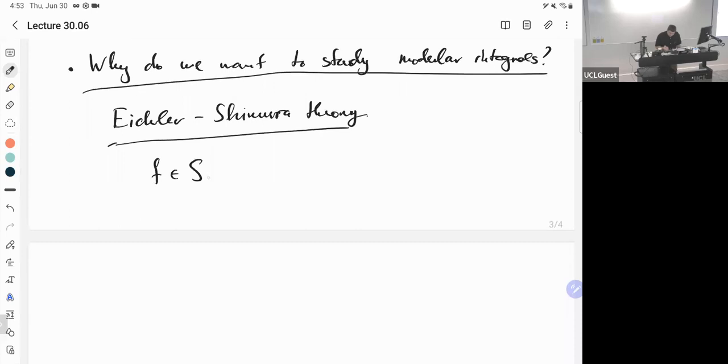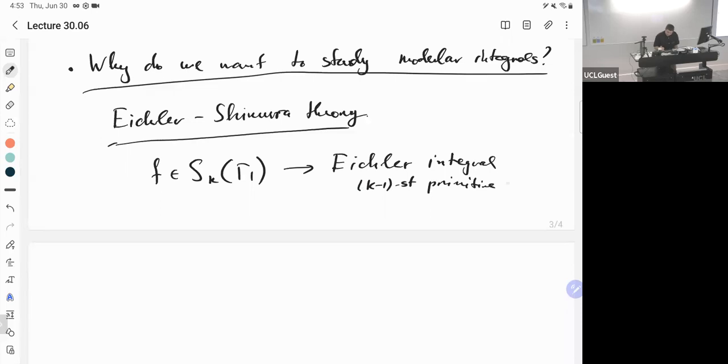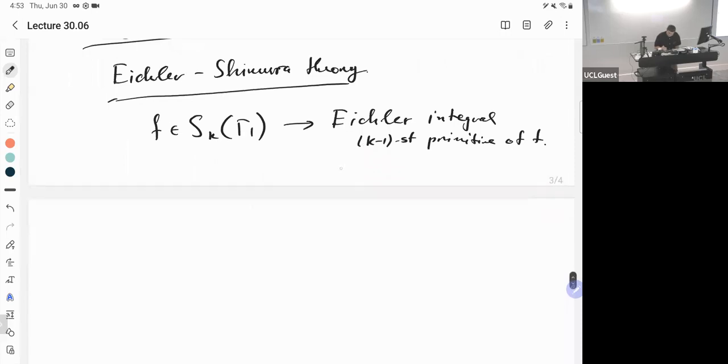Let's say you have a cusp form for gamma 1. Then there's an Eichler integral that you can associate to this cusp form. It's a very simple thing, but it's maybe not immediately obvious why it's a good thing. It's just the k minus first primitive of the function f. There are several ways you can normalize it, but there's a particularly nice one which comes from Cauchy's iterated integral formula.